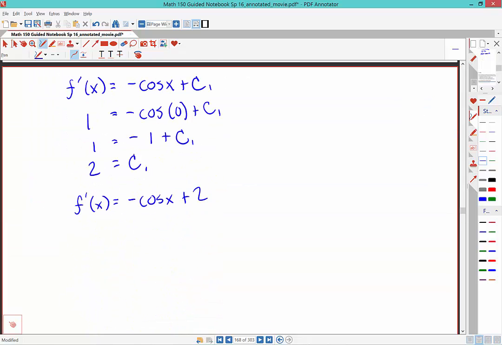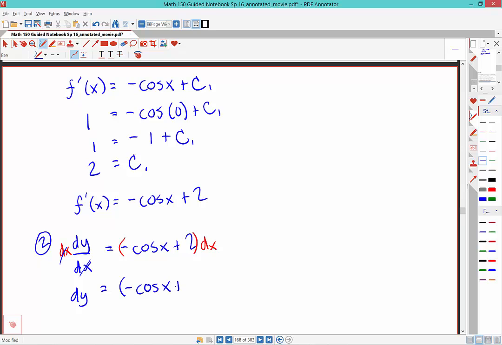So now, switching this back into Leibniz notation, we'll have dy/dx is negative cosine of x plus 2. Multiplying both sides by dx, we have dy is equal to negative cosine of x plus 2 dx.